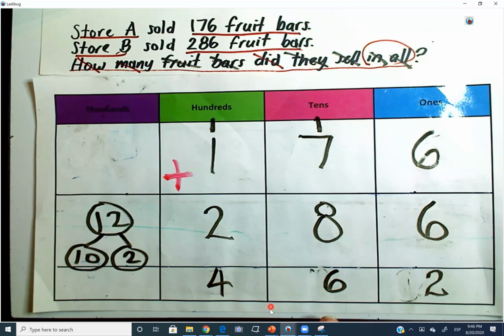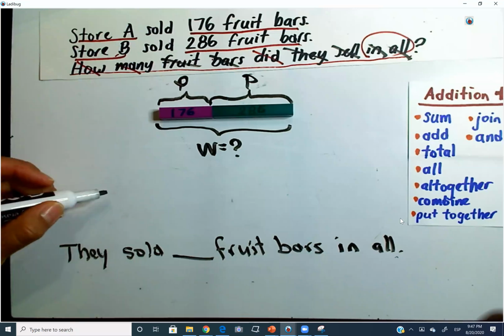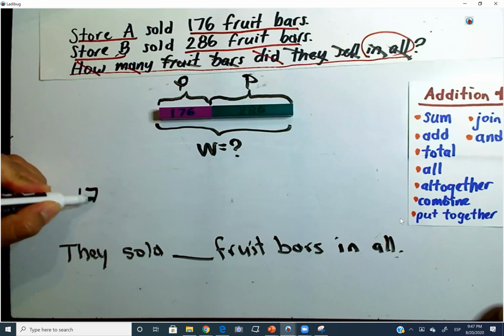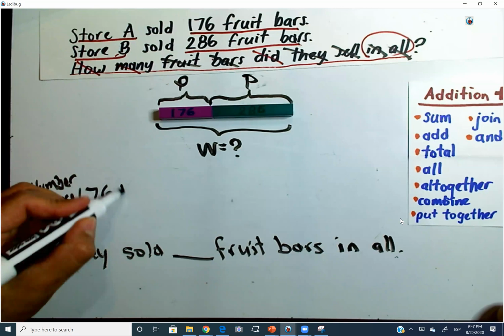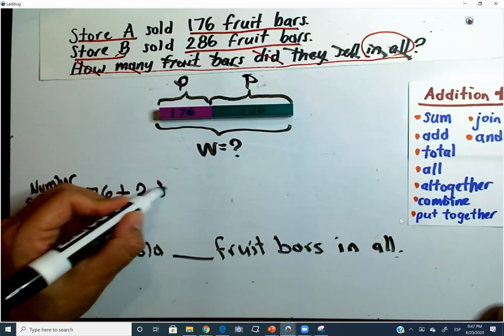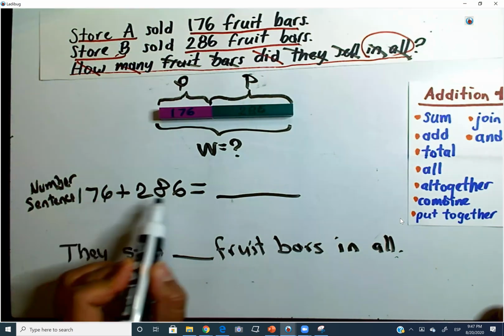Let's go back to the program so we can finish everything. As we said before, we have to do our addition. So we're going to add 176 plus 286. Remember, this is the number sentence. Now, remember, let's add the ones first. 6 plus 6 is 12.